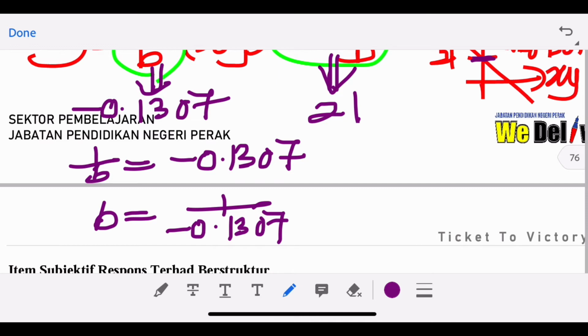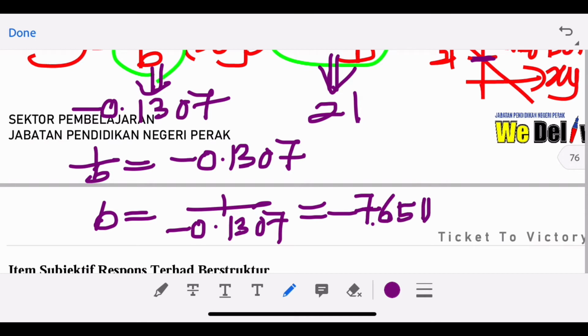Let's plug into the calculator. Negative 1 over 0.1307. So we will get the answer, which is negative 7.6511.